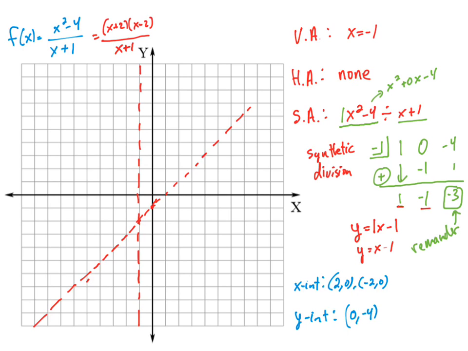So let's plot these points. 0 comma negative 4 is down here. We have 2 comma 0, negative 2 comma 0. So looking at these values, I know I'm going to have part of my curve over here, and then my other part of the curve is like this.